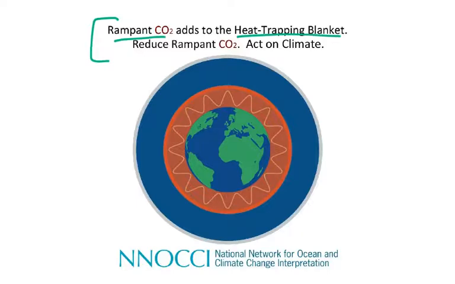When you have high CO2, that's contributing to this heat trapping blanket. It makes a thicker blanket, which traps more heat. And so to solve that problem, we need to reduce that rampant CO2 and act on climate. So these two metaphors work very nicely together, and you don't necessarily need to only use one and not the other.